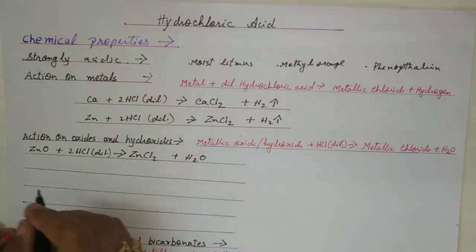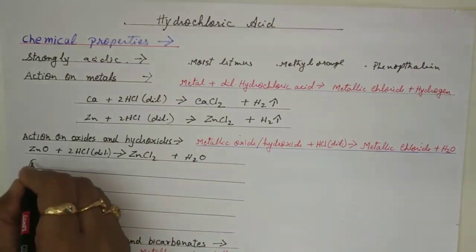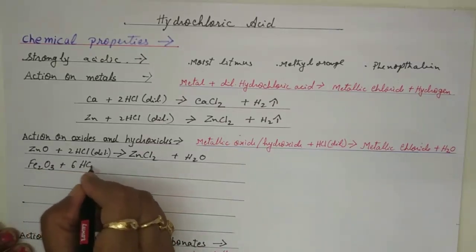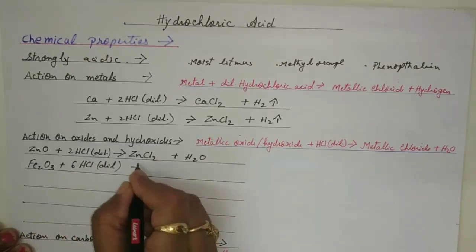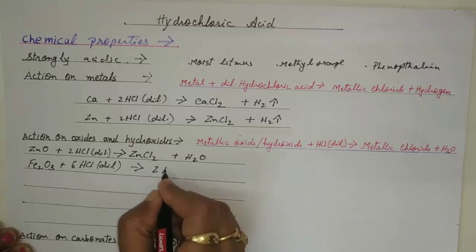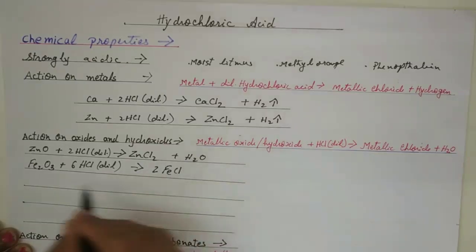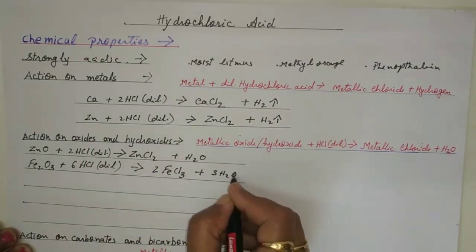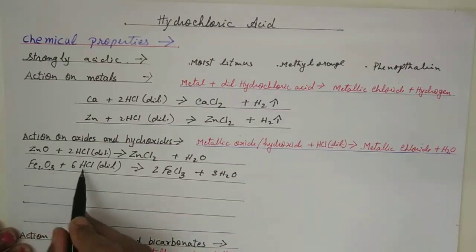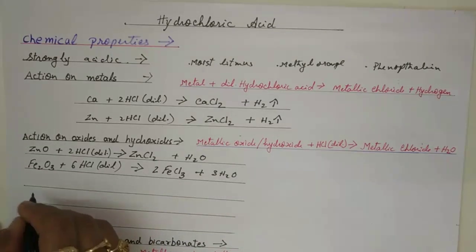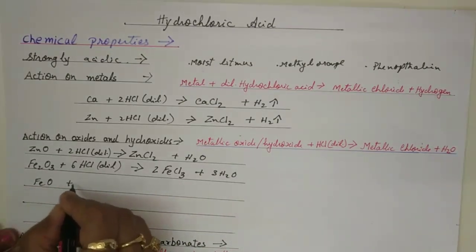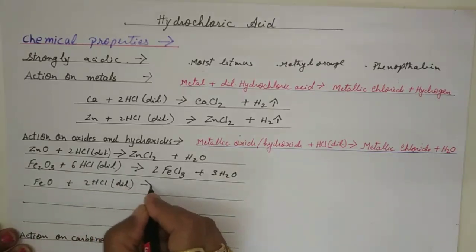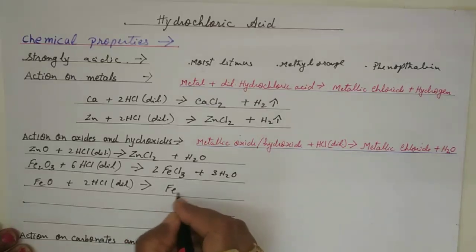You can try with ferric oxide, that is Fe2O3 plus dilute hydrochloric acid, giving you ferric chloride, because you have taken ferric oxide, so FeCl3 plus water. Right. You can try with ferrous oxide and dilute HCl, giving you salt.